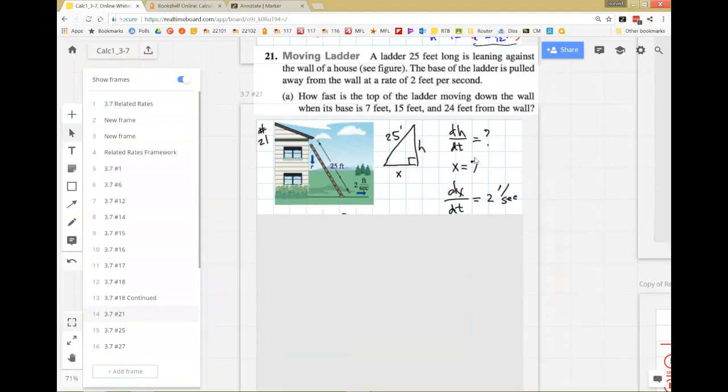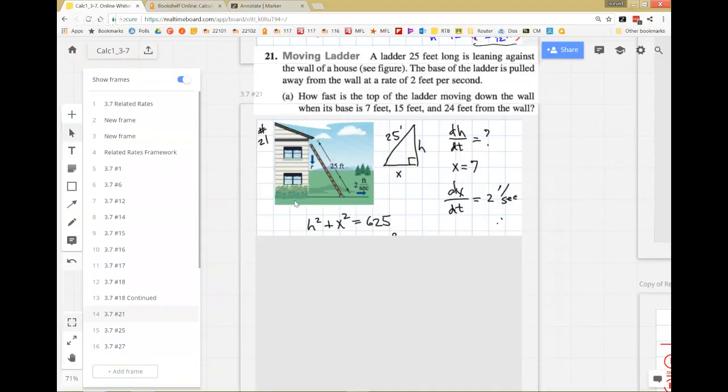How fast the height is decreasing, that's what we're supposed to find, dh/dt, and how far it's horizontally being pulled out has a rate of 2 feet per second. So there's our given information. This time it's a right triangle, so guess what? The relationship is the good old Pythagorean theorem.